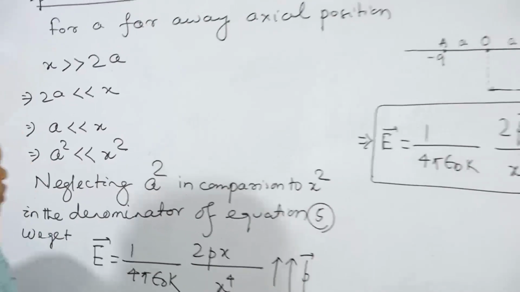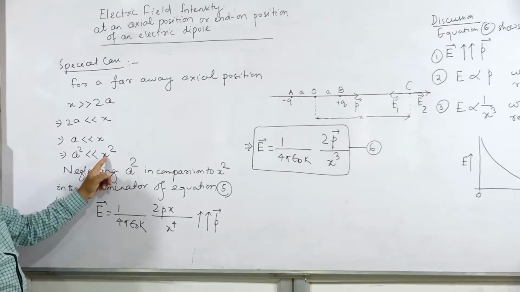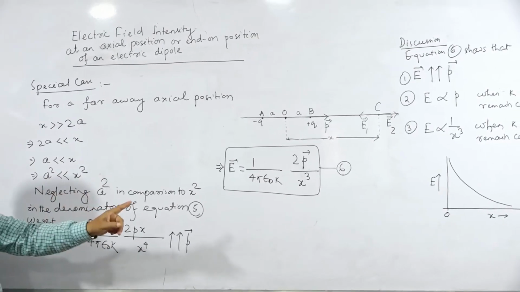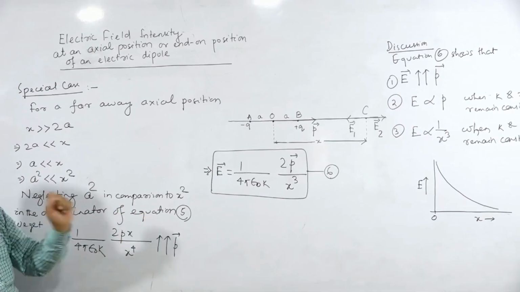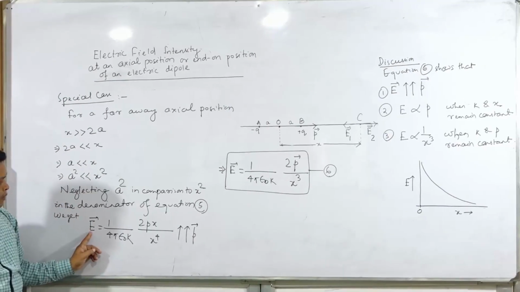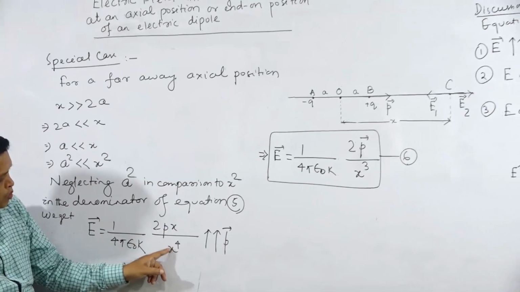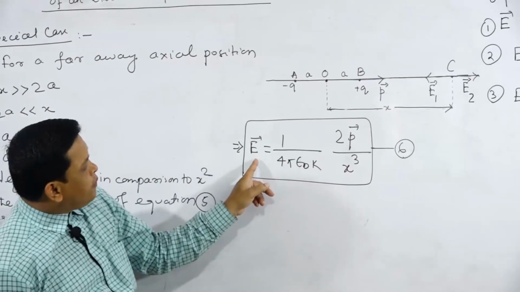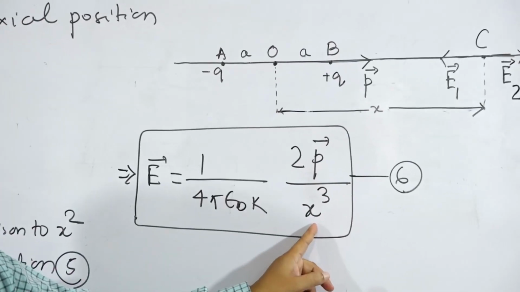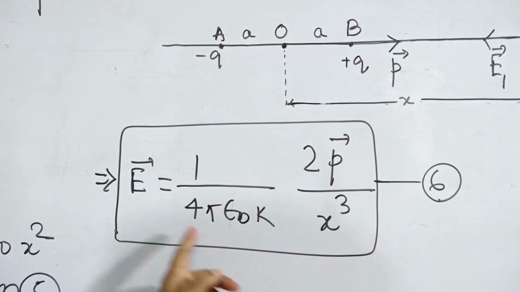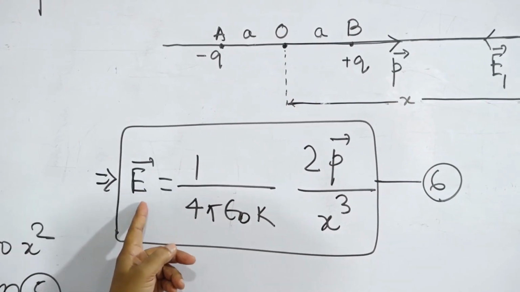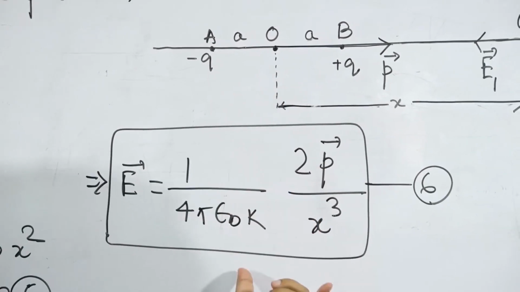So in comparison to x square, we can neglect a square in the denominator of equation number 5. Neglecting a square, we shall get E vector. If you cancel this x, x to the power 4, we get x cube. So E vector equal to 1 by 4 pi epsilon k 2 p vector by x cube. So this is the final result, electric field intensity at an axial position of a very short dipole.